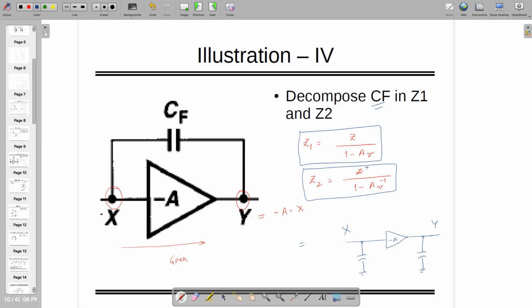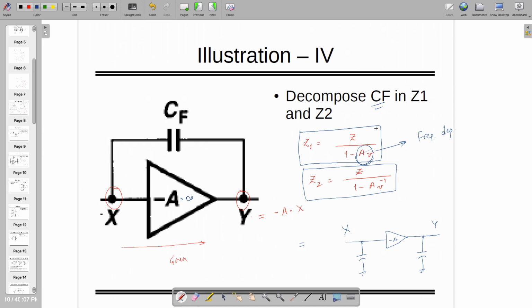However, if you are doing the high frequency analysis where AV is also frequency dependent, then this might not be a capacitor; it might be a combination of R, L and C. So it depends, right? But what if this AV is infinite at low frequency?